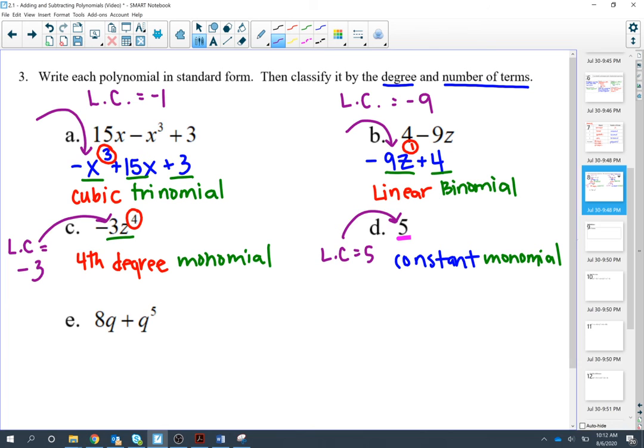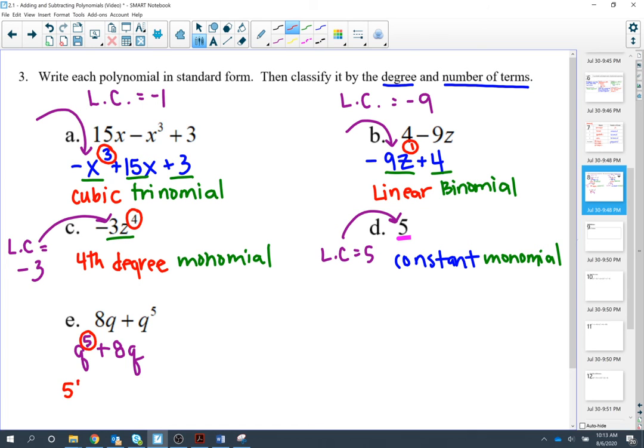Okay, last but not least, letter E. Okay, standard form, we have to put the biggest exponent first. I'm looking at that q to the 5th. It is a positive, so we're going to have q to the 5th, positive 8q. That is your standard form. Name it by degree and number of terms. So degree, biggest one. Again, if it's not a monomial, we don't add. Don't add anything, it's just 5.